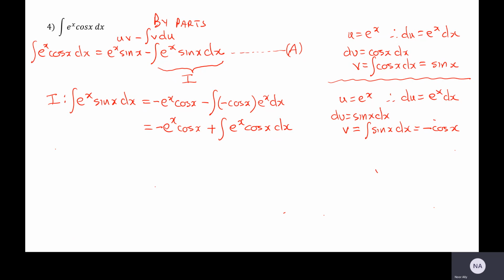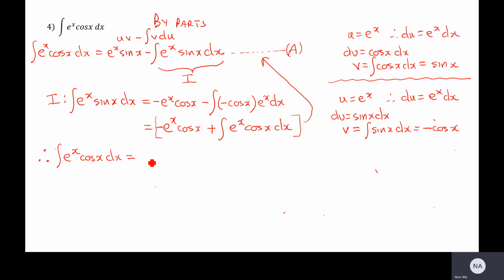Now that I have the value for I, take these terms and substitute them back into equation A. It's lengthy but necessary. You may find ways of simplifying, but then again, we would like to see all your working out. So what is equation A?